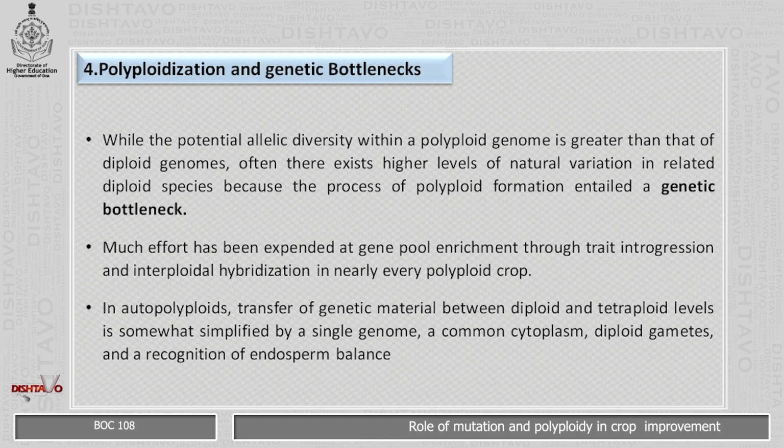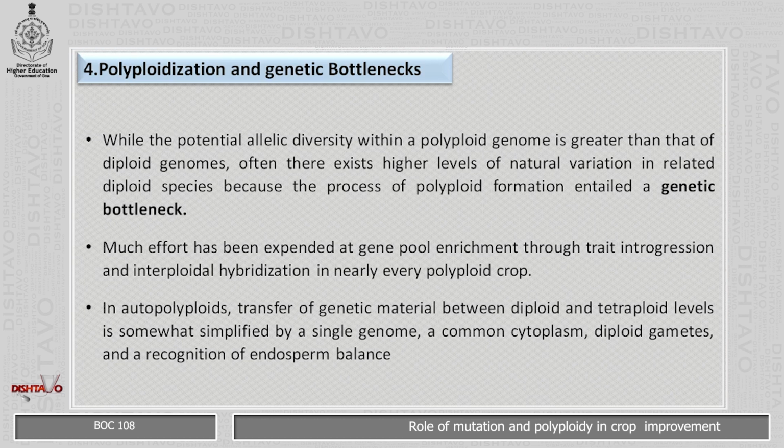While potential allelic diversity within a polyploid genome is greater than in diploid genomes, often there exist higher levels of natural variation in related diploid species because the process of polyploid formation entails a genetic bottleneck.